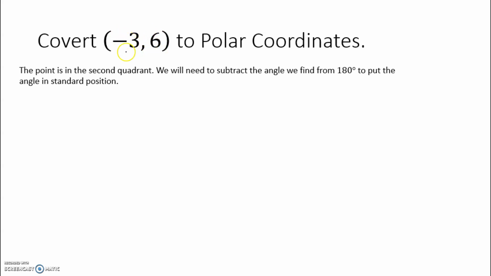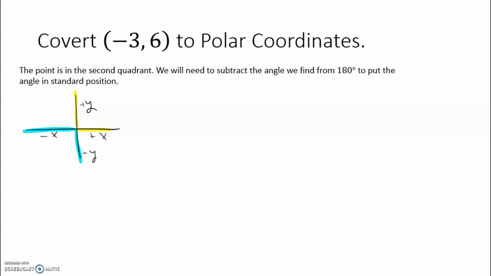So since my x is negative and my y is positive, my x values are negative over here, my x values are positive over here, my y values are positive here, and my y values are negative here. So all of this would be positive for x, all this would be positive for y, all of this would be negative for x, and all of this would be negative for y.